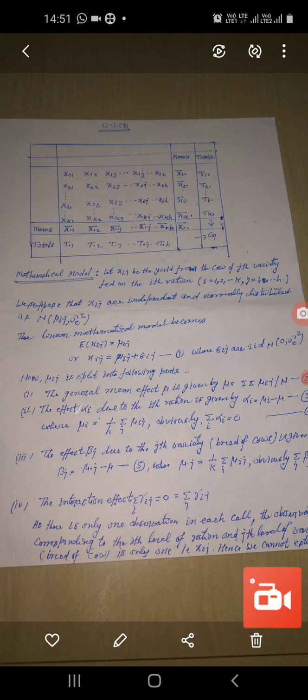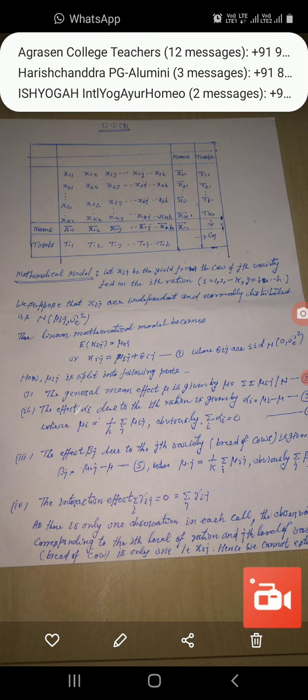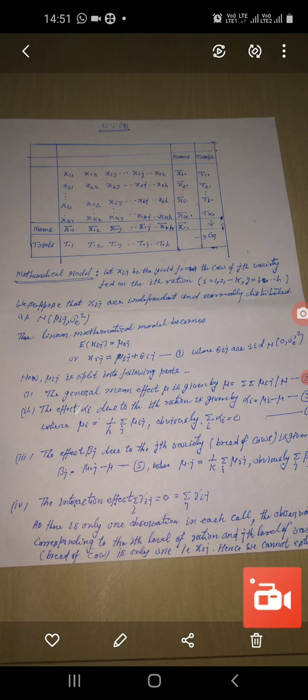Here we suppose that xij are independent and normally distributed as N(mu ij, sigma e square). Here we have the linear mathematical model. Expectation of xij is equal to mu ij, or it may be written as xij is equal to mu ij plus epsilon ij, and let it be equation number 1.